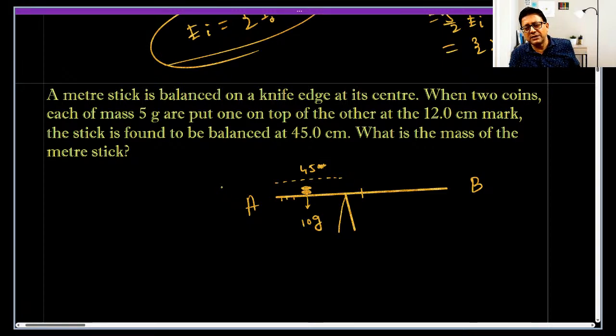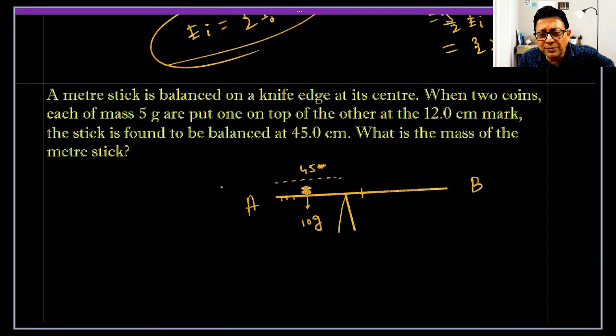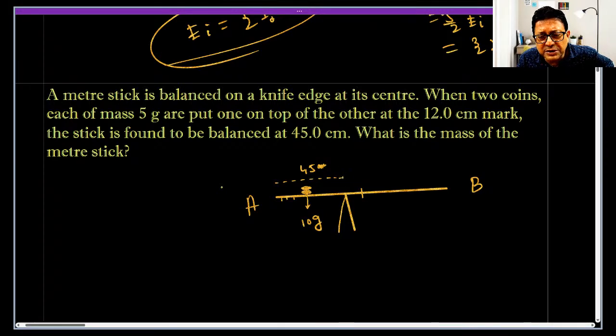What is the mass of the meter stick? The meter stick mass will act through which point? This will act through its center of mass. Okay? So that will act through this point whose distance from this end is equal to 50 centimeter. Let the weight of the meter stick be W, acting this way.